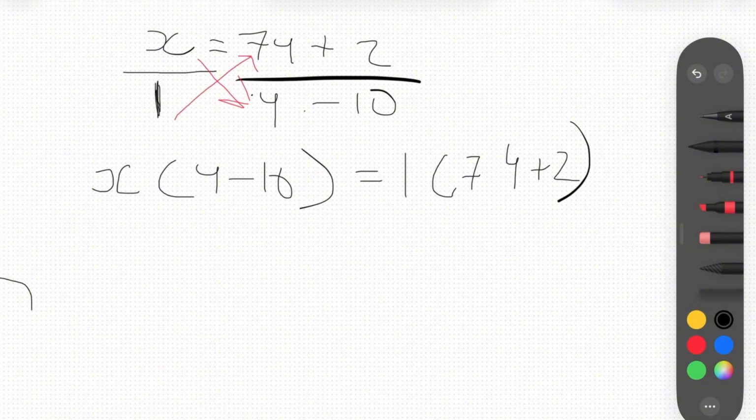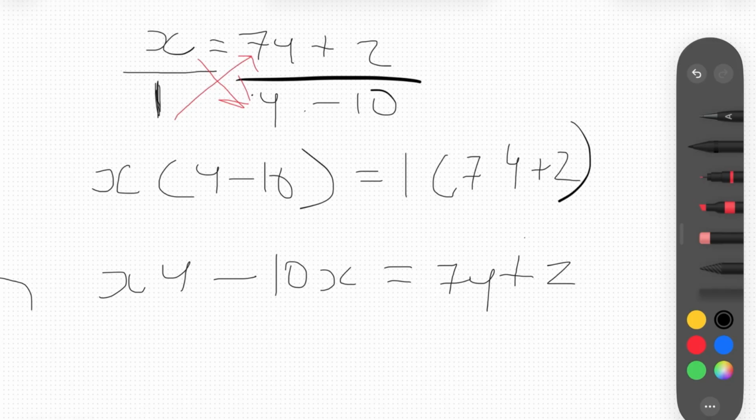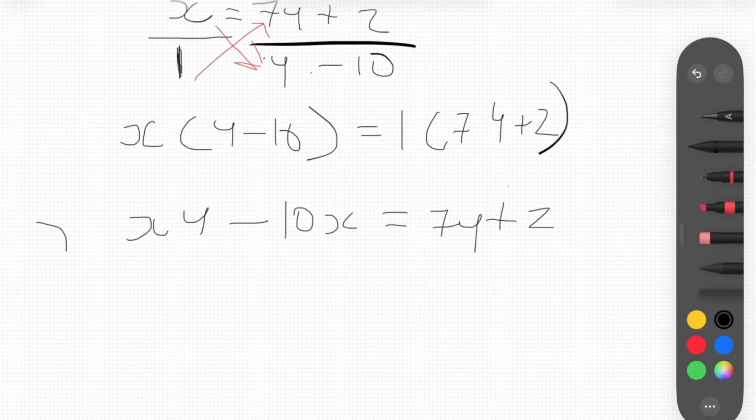So x times y is xy. Right by the minus sign, x times 10 is 10x. 1 times 7y is 7y. And 1 times 2 is 2. And you put back the addition sign.